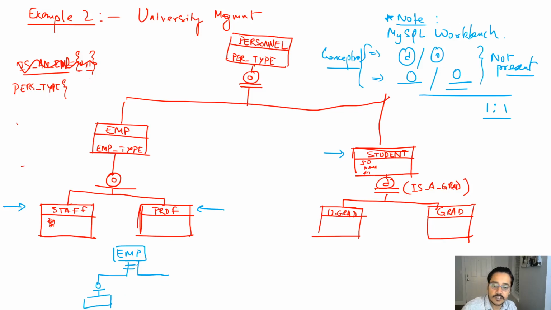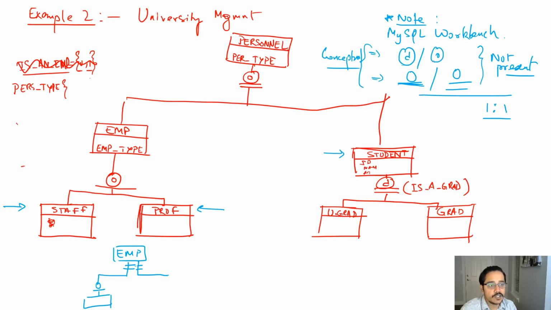Okay, so this is what the participation will translate to. So that means a staff must be an employee, but an employee may or may not be a staff. That is what this partial participation means. That is, any instance here can be more than the subtypes that have been specified.